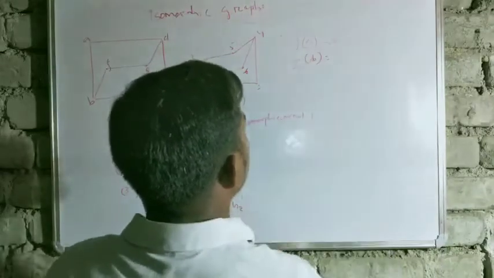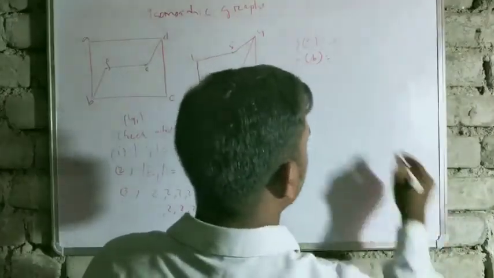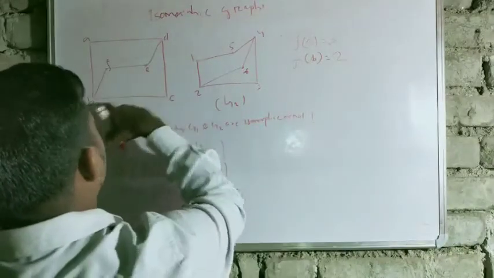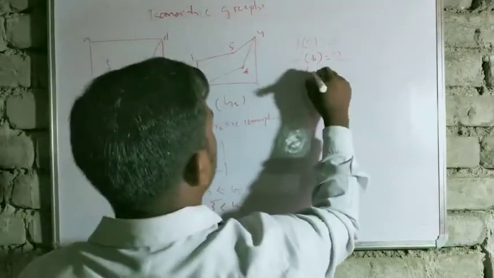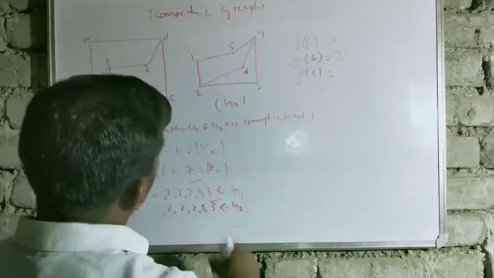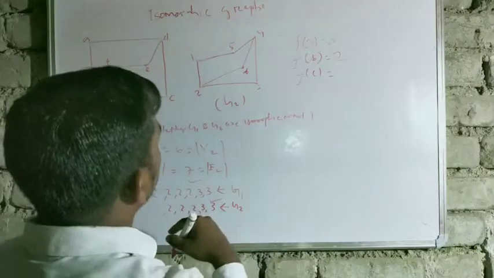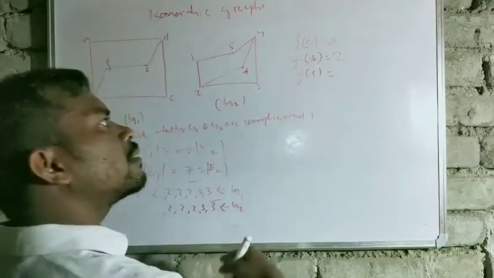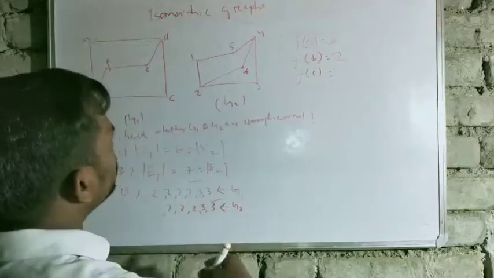So if you take 2, now consider what is f of C. F of C is of degree 2. Then what will be its corresponding vertex in G2?